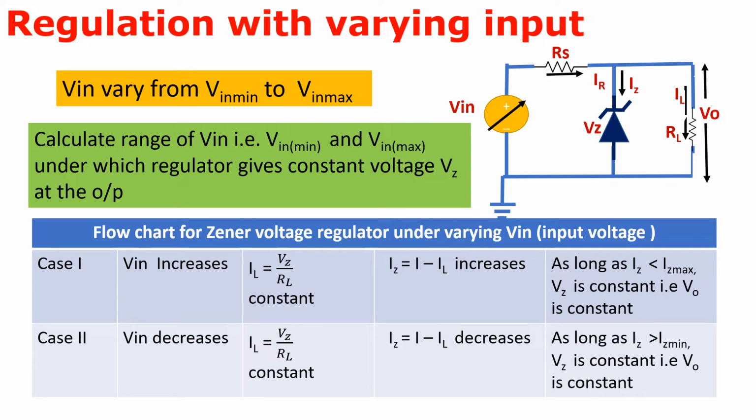So as IR decreases, Iz will also decrease, and we need to make sure that this Iz should not be below Iz min. We have to maintain a Zener current for operating in the Zener breakdown region, so Iz should not be below Iz min. So two cases again we are considering here, based on the minimum Zener current and maximum Zener current.